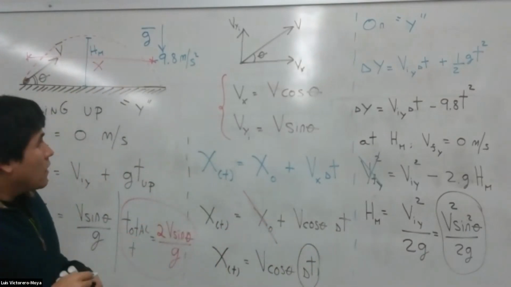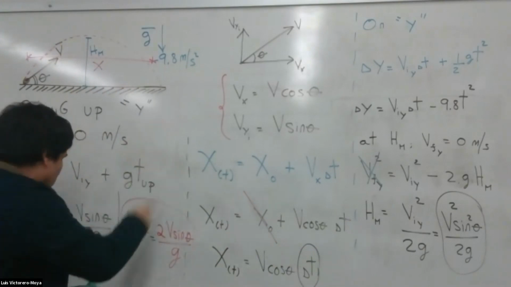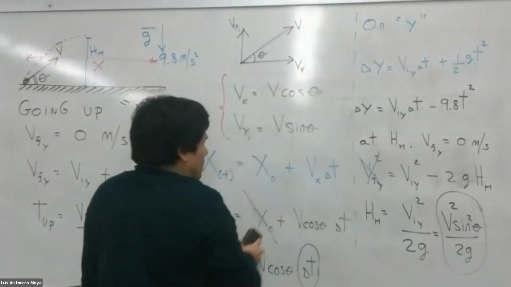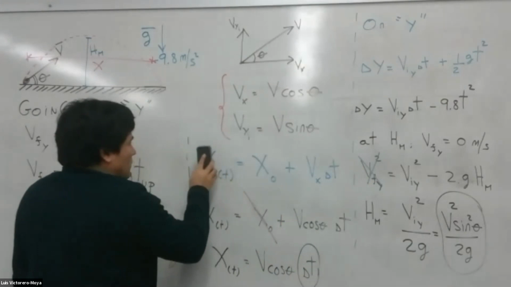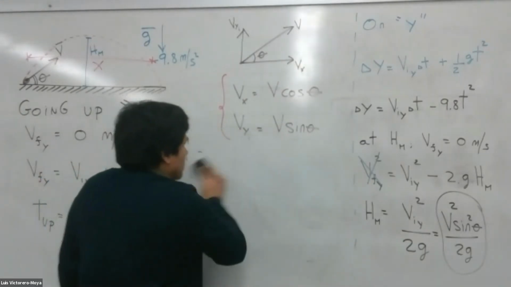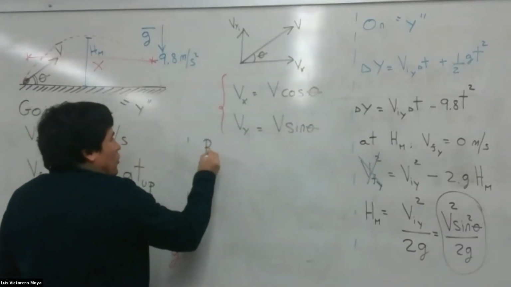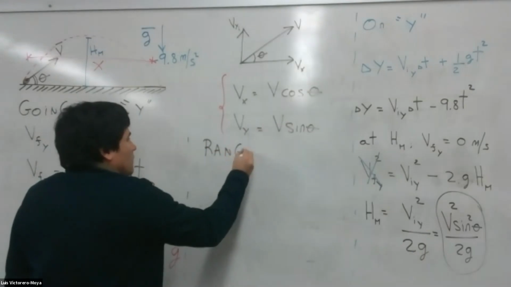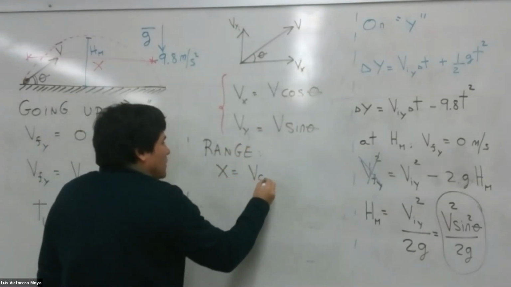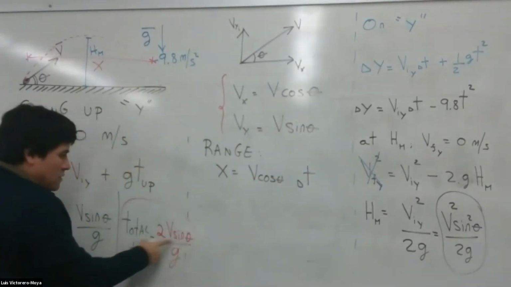So we know already that the range of the projectile x is equal to v cosine theta times the total time. But the total time is this.